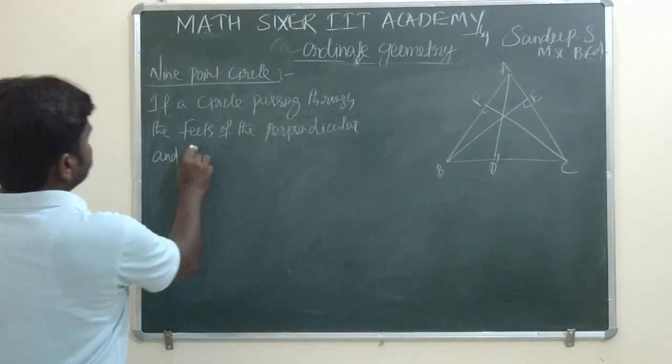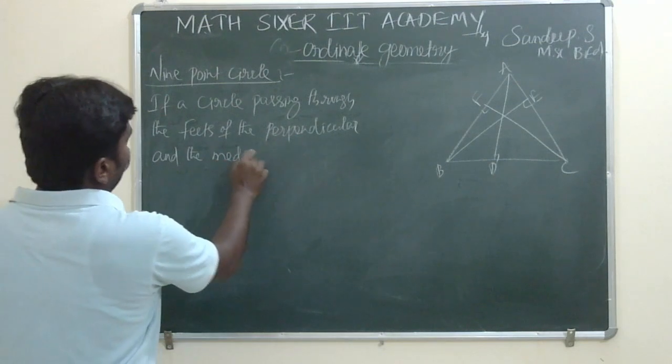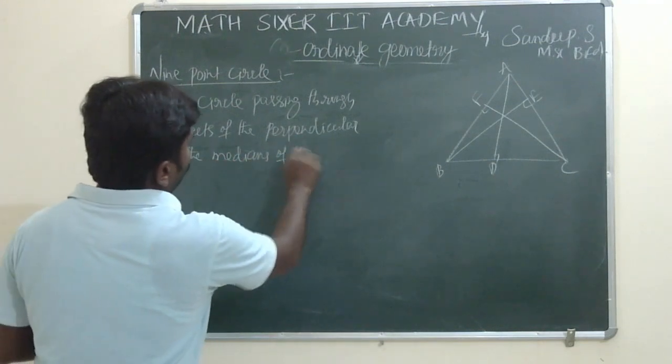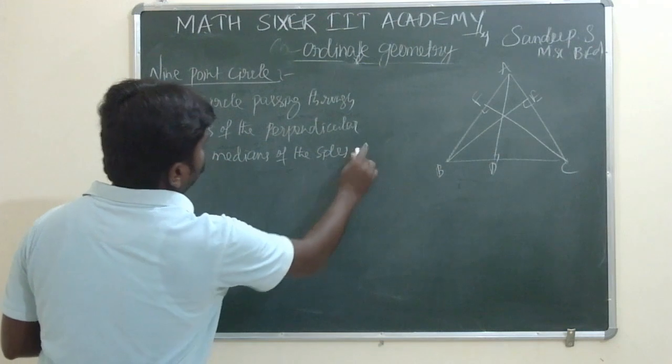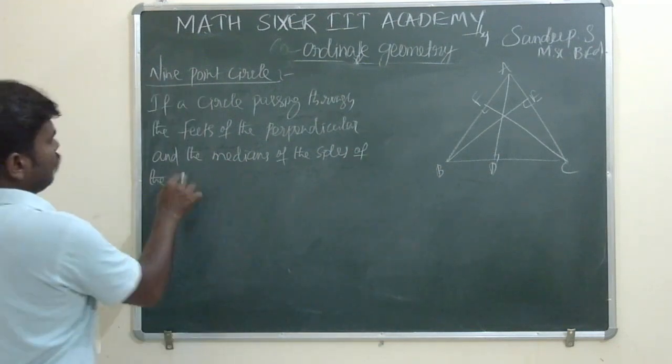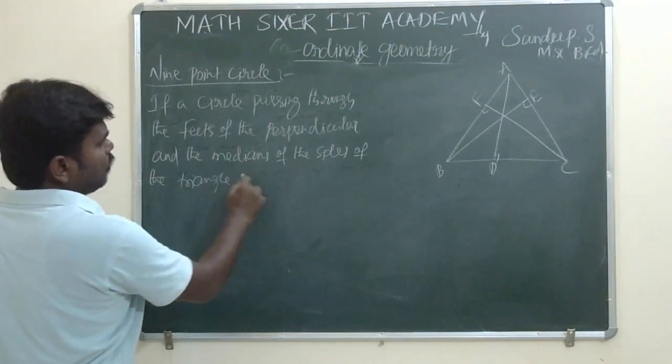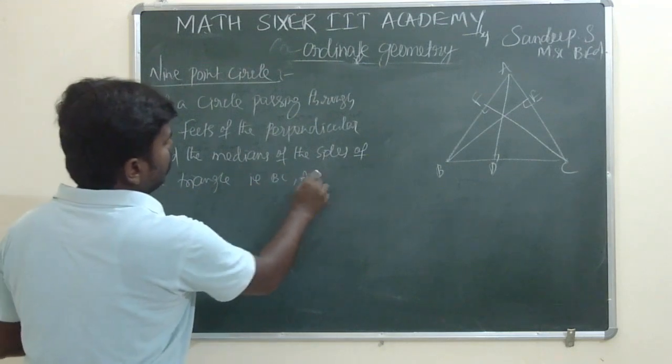And the midpoints of the sides of the triangle, that is BC, AC and AB.